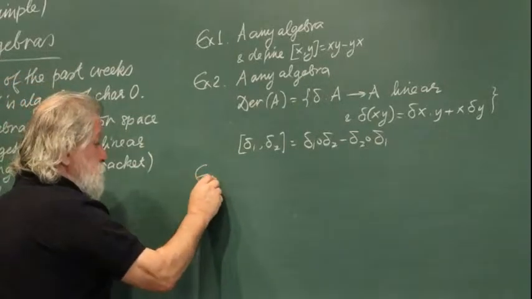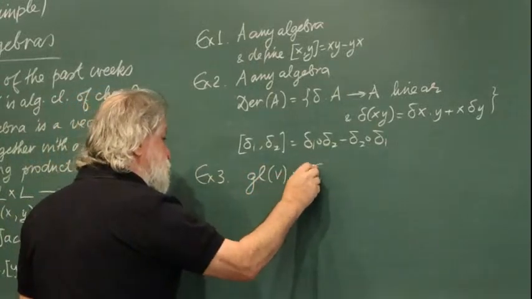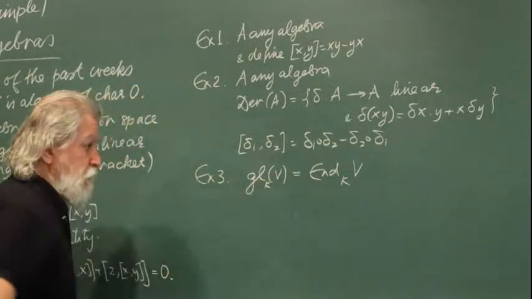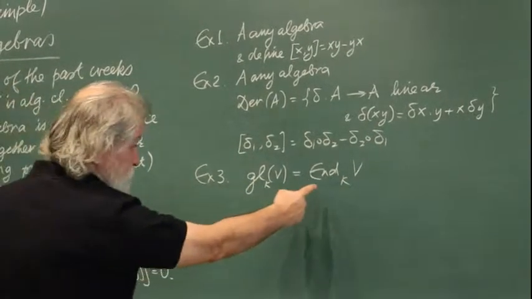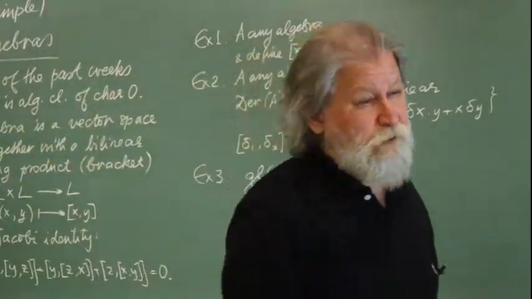Example 3, GLV. This is the endomorphisms of V over K. This is a ring. In fact, it's an algebra over K. But you don't see it as a ring.